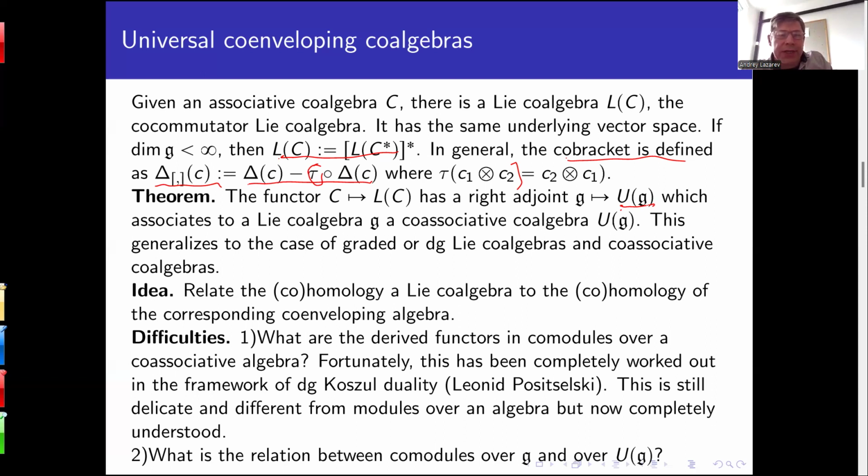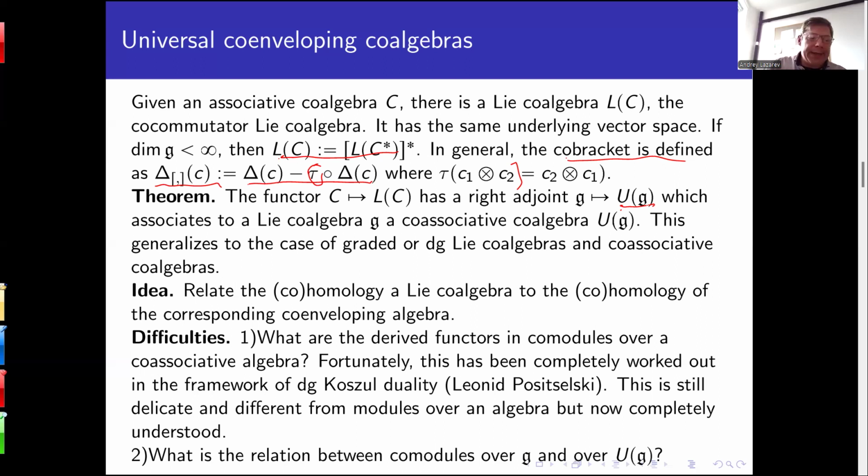And this functor associates to a Lie coalgebra G a certain co-associative coalgebra U of G. I'm not going to give here the definition or the construction of this universal enveloping coalgebra, but later on I will say a few words about this construction.